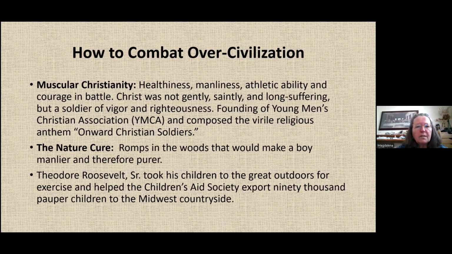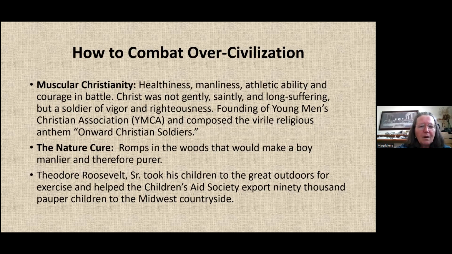The argument was that Christ was not gently, saintly, and long-suffering, but a soldier of vigor and righteousness. This concept of muscular Christianity led later on to the founding of the Young Men's Christian Association, and also led to the composition of virile religious anthems like Onward Christian Soldiers.